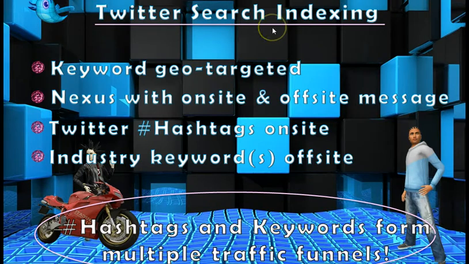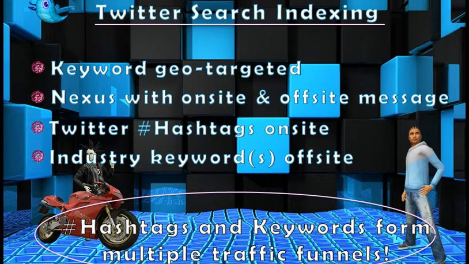With Twitter search indexing, what you need to focus on is keyword geo-targeted markets. It doesn't matter whether you're a plumber, a cosmetologist, or an IT business strictly online. There are awesome opportunities, even though Twitter is at max capacity, for you to get your messaging across and to index well on Twitter.